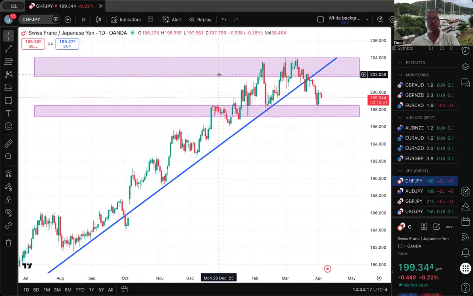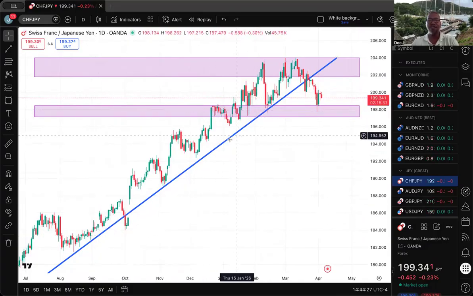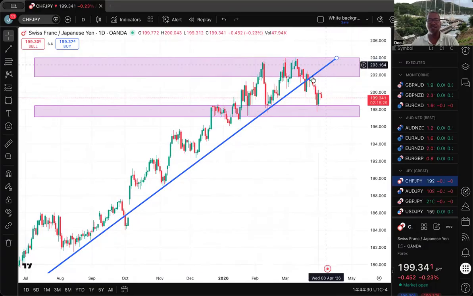So resistance is an area above that price rejects. A support is an area below that price rejects. And a trend line is a diagonal area that price rejects.